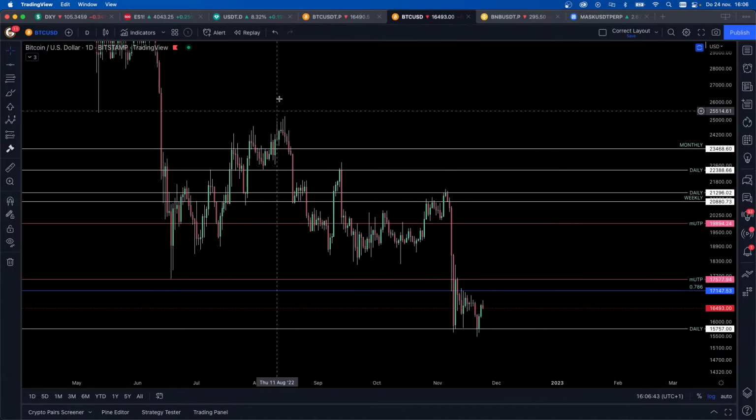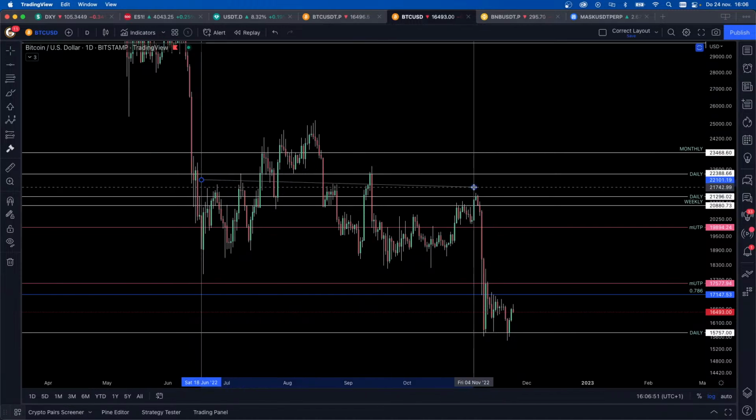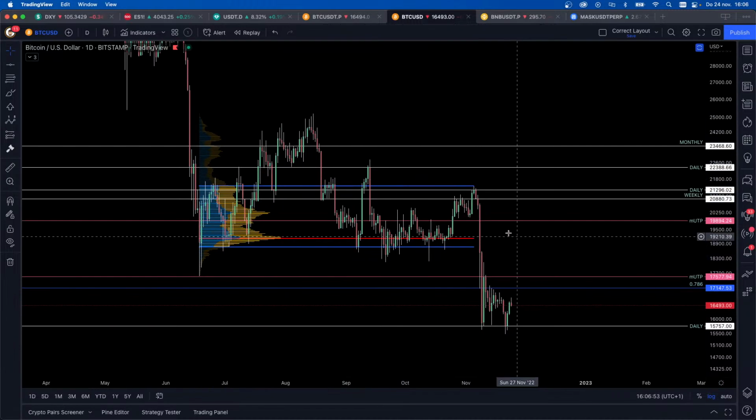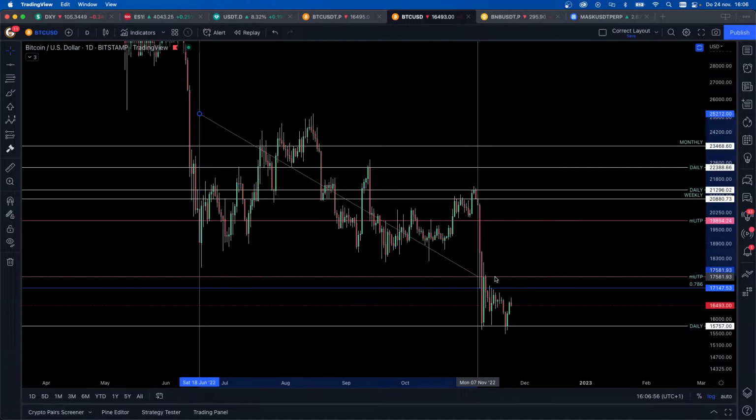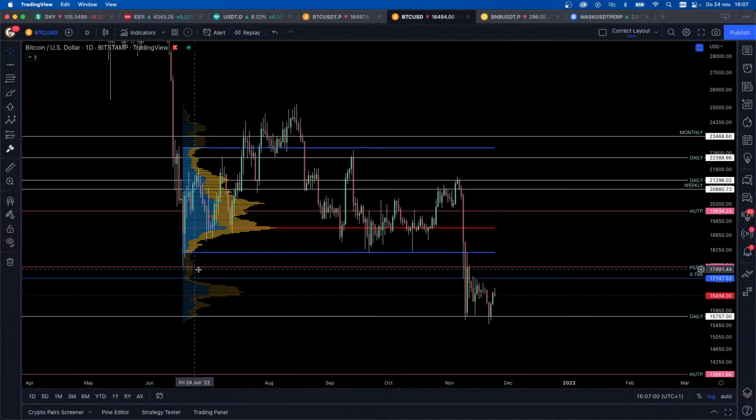So now I'm on a daily chart. I have all my levels, but I can see that this was a former range. What you can do if you see a range is that you take the fixed volume profile of this total range, but you can even use and take what's happening right now, because this is now your volume profile over here. So this is your new range, and this is your previous range.